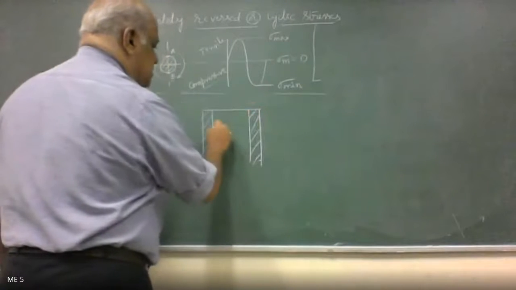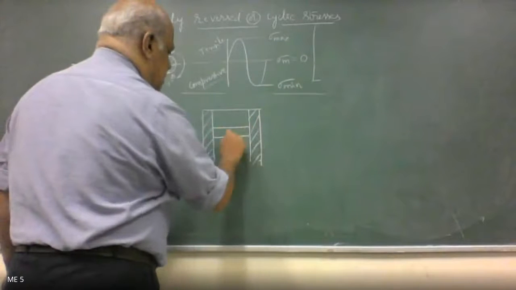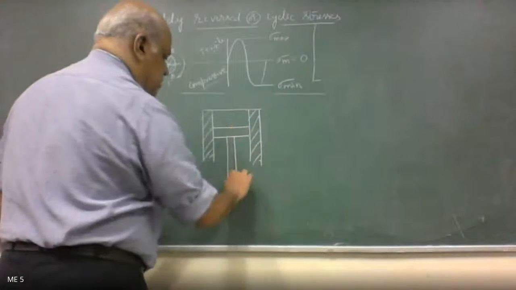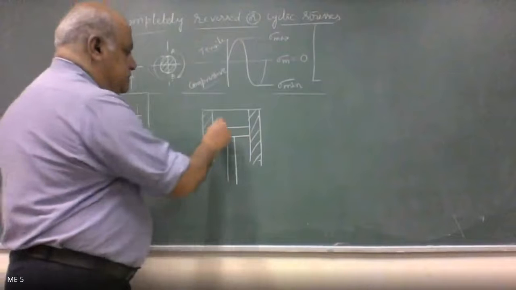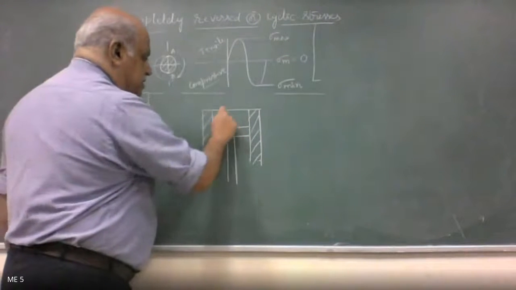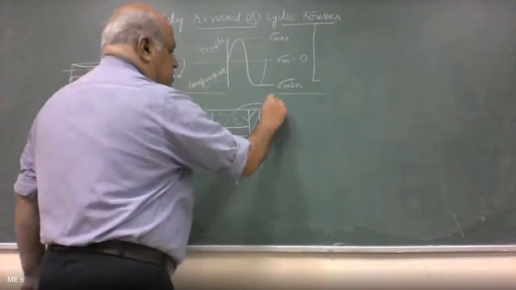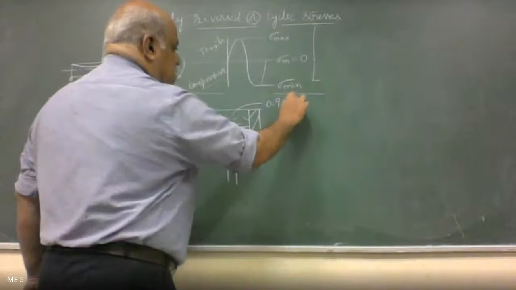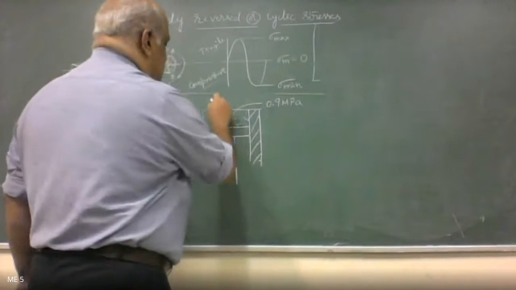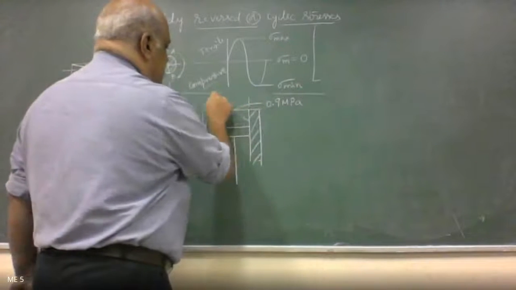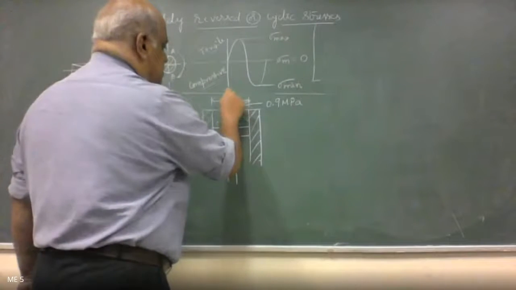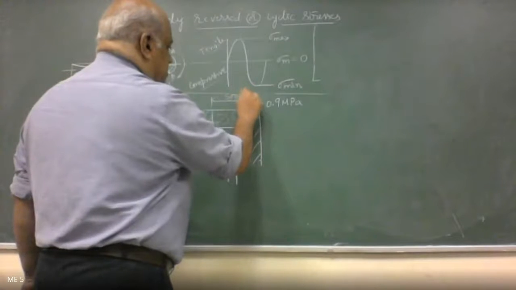So there is piston and there is connecting rod. According to the problem, there is a pressure that is developed equal to how much? A pressure of 0.9 megapascal and the diameter of the cylinder is 500 mm, correct?